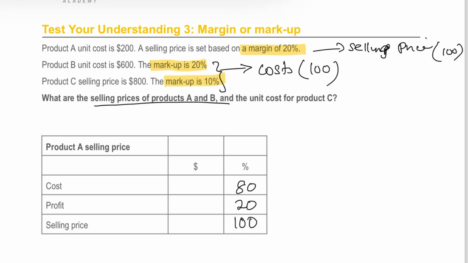Then we are also given information that the unit cost is 200. Now we need to find the selling price. So that means 200 represents 80%. But what do we need to find? We need to find 100%.